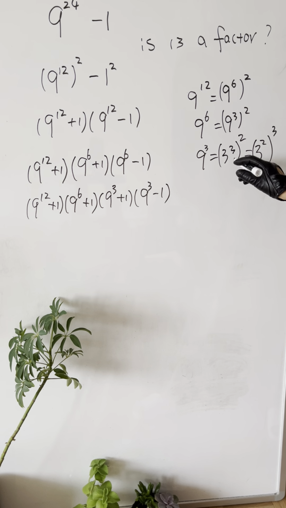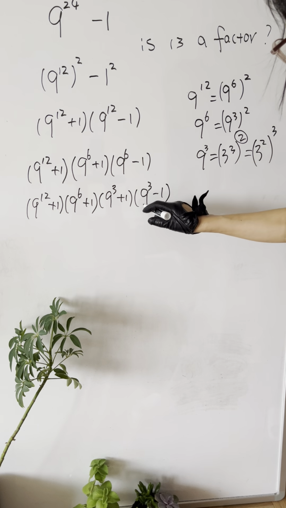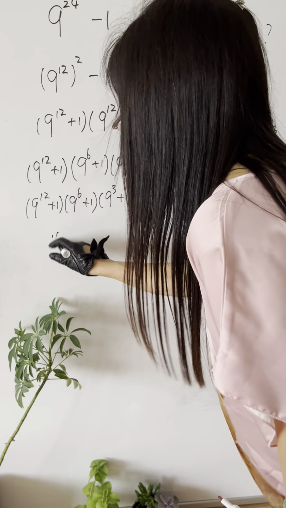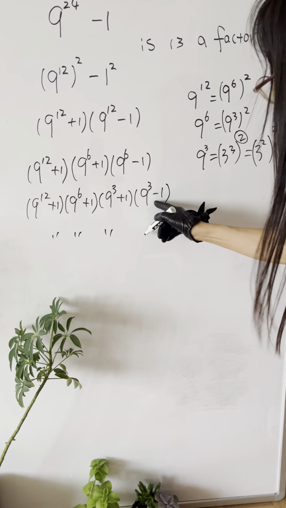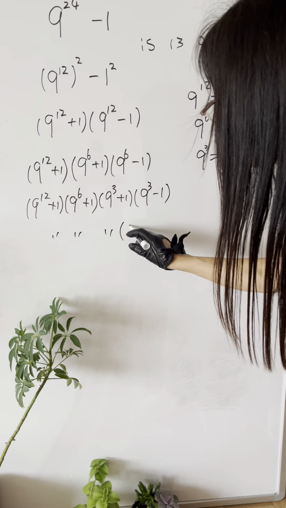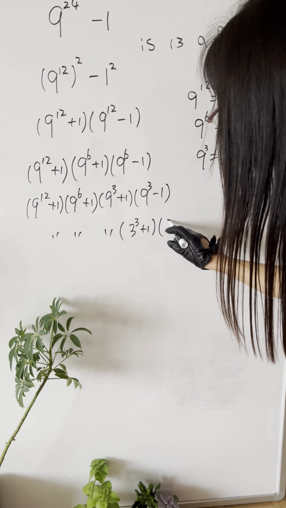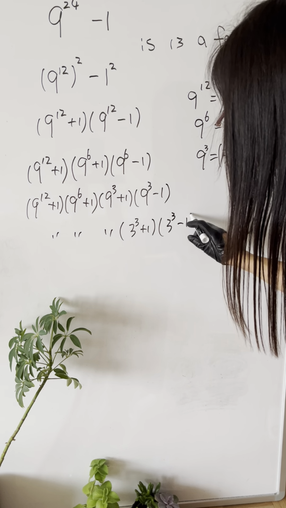But we want to use a square, we want to use this form. We'll write it as 3 cubed squared minus 1. So we keep writing this, but this one is now written as 3 cubed plus 1 and 3 cubed minus 1.